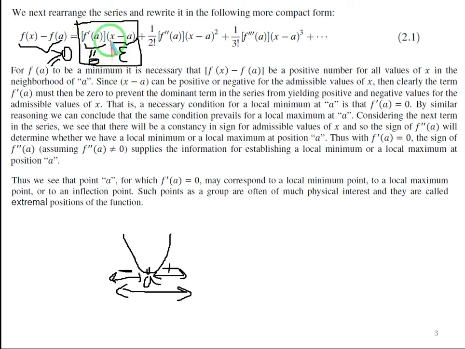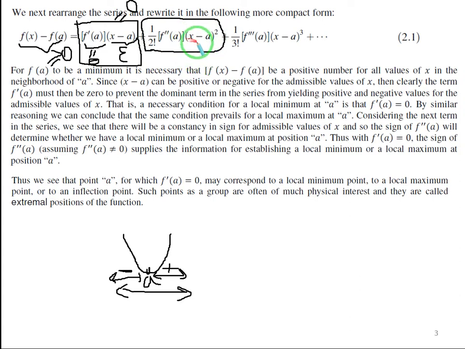And if this term is equal to 0, then we conclude that the second term will be responsible for the sign of this equation in the neighborhood of point a.